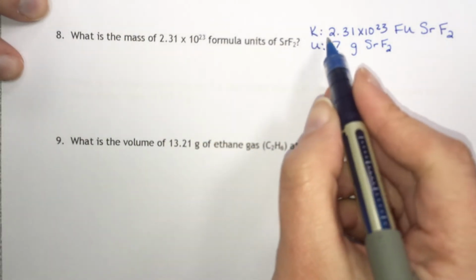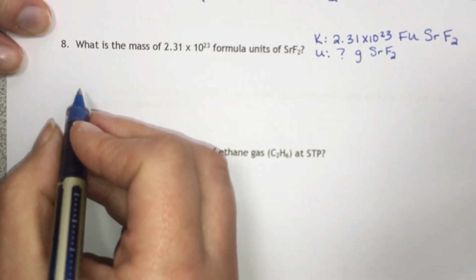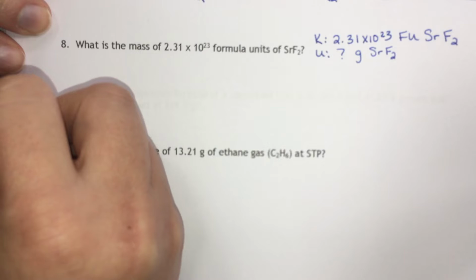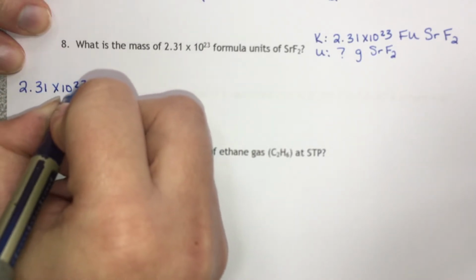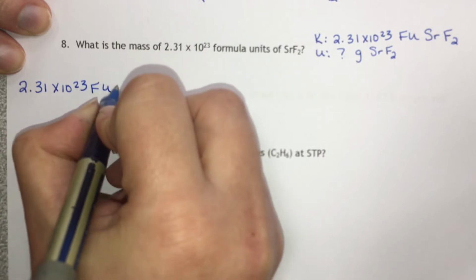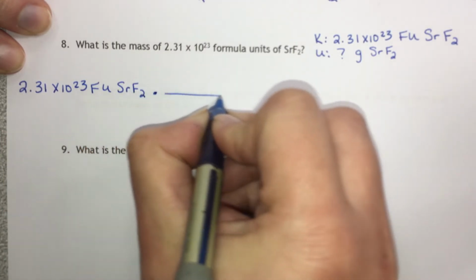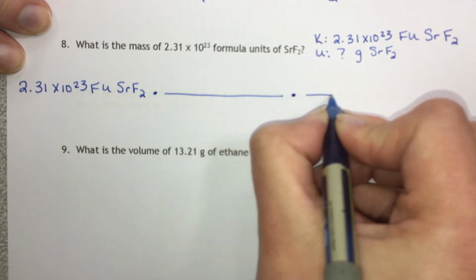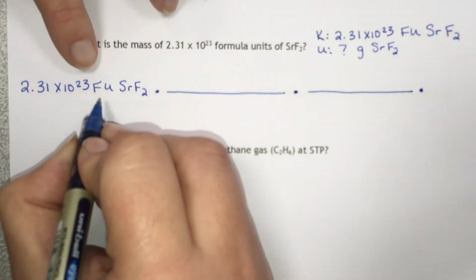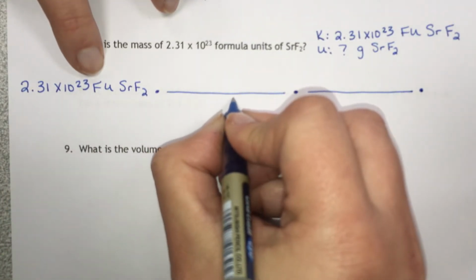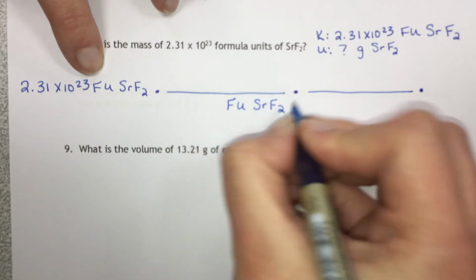Okay, so we always start with our known: 2.31 times 10 to the 23rd formula units of SrF2. Whatever's up here must go down here, so formula units of SrF2.